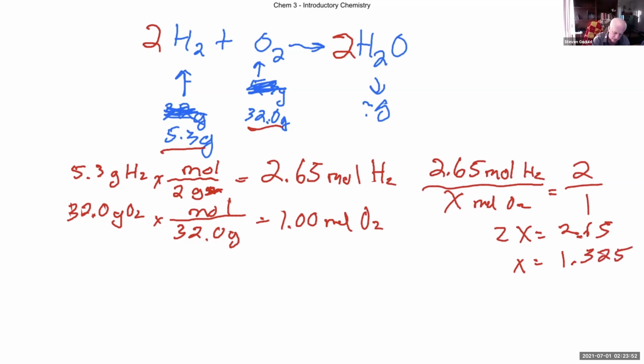No, that's not right. I'll try to do that in my head, I can't do it. 2.65 divided by 2. Gosh, I'm drawing blanks here for some reason. 2.65 divided by 2 equals 1.075. Okay, so I need 1.075 moles of oxygen. Do I have 1.075 moles of oxygen?